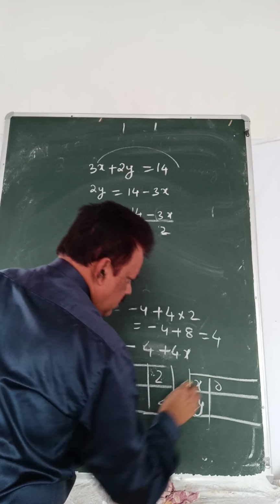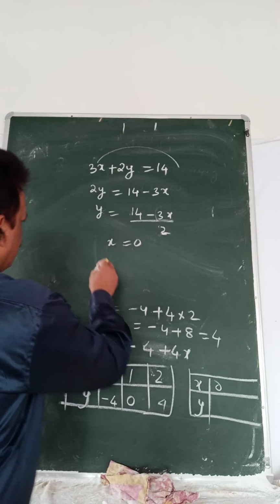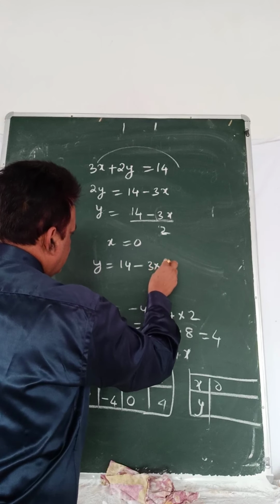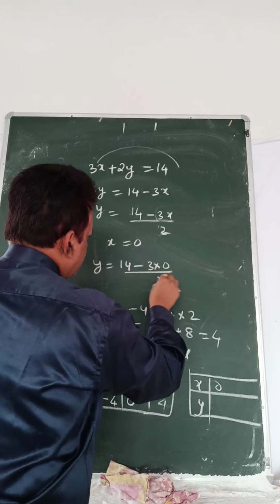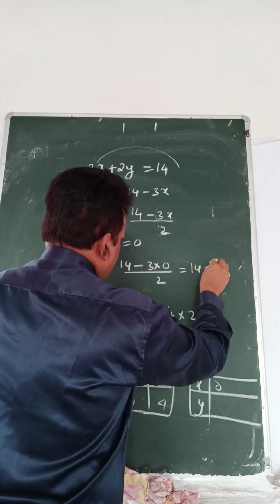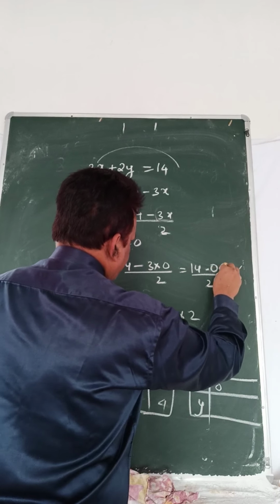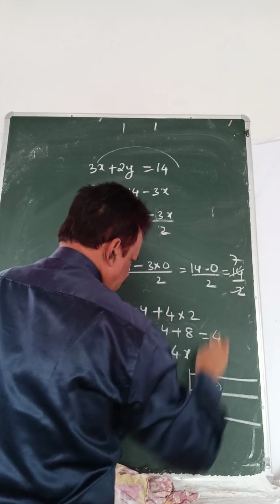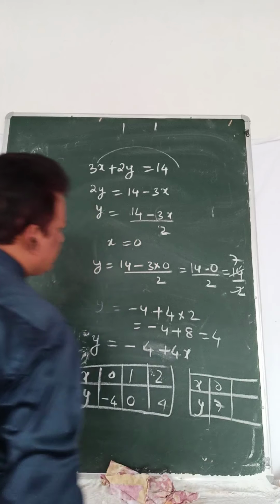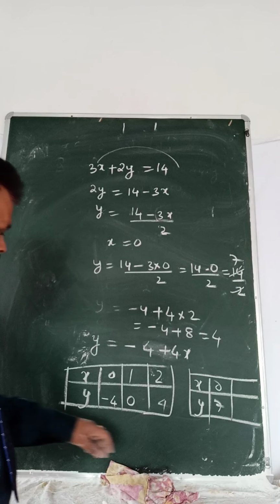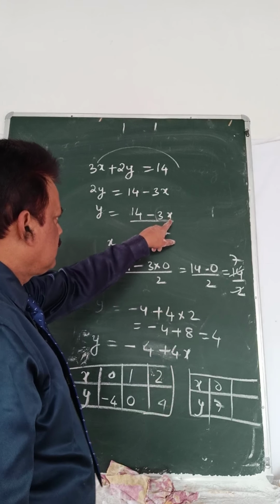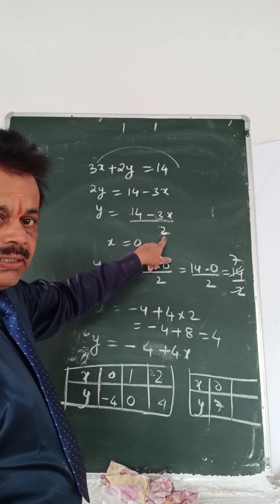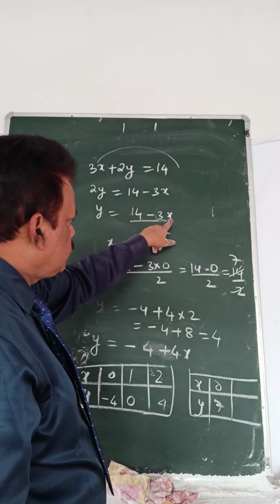X is 0. Then y equals 14 minus 3 into 0 by 2. 14 minus 0 by 2, 14 by 2 is 7. You got 7 here. Okay, then if I put 1, 14 minus 3 is 11, not divisible by 2. Don't take 1, take 2.